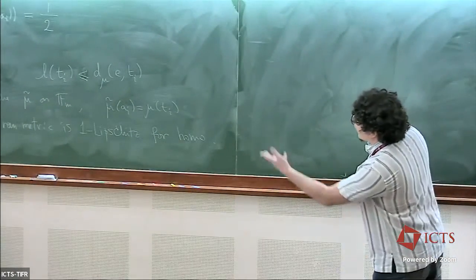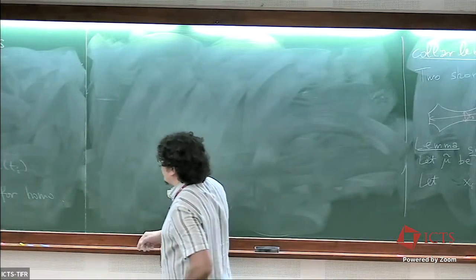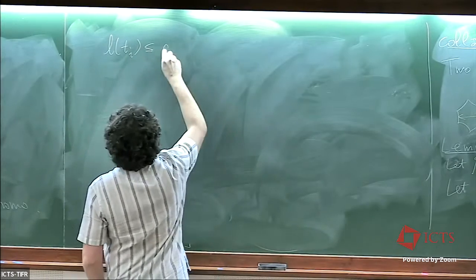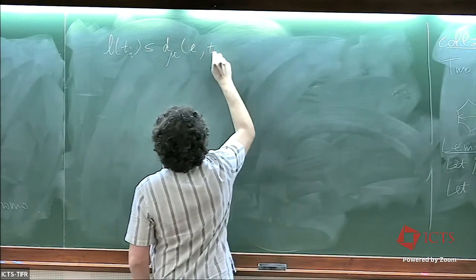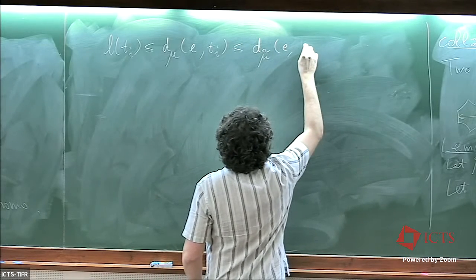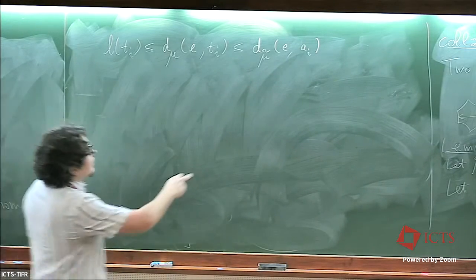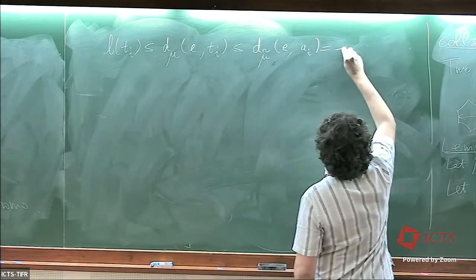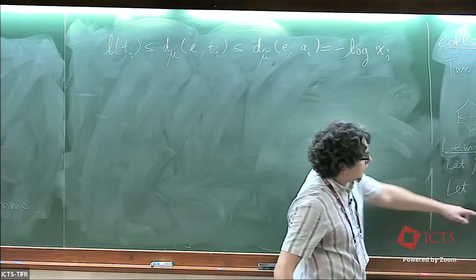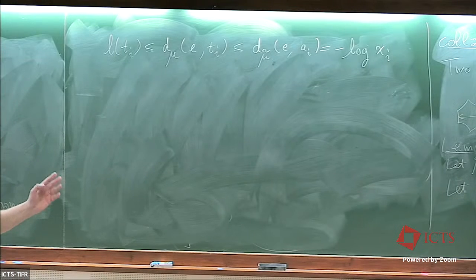Because what happens is that L of Ti is less than d_mu tilde of e, a_i. And this, by definition, is minus log of xi, where xi is the first passage function. And then it's just calculus.